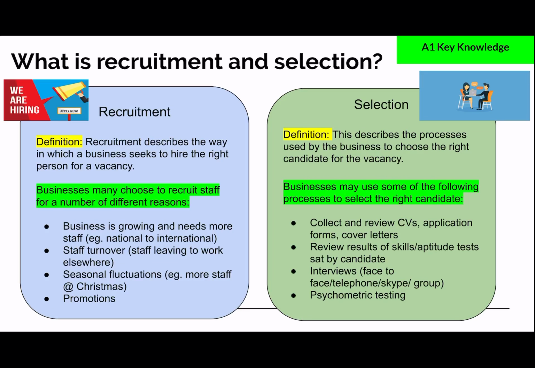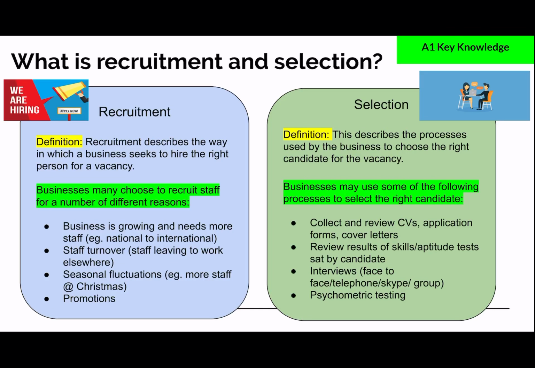It may be that the business goes a little bit further and reviews skills and aptitude tests sat by the candidate. This could be maths tests or language tests, so that the business knows that they are able to complete the role that they're asking them to. It could be that they identify a number of candidates that they want to find out more information about, and they may use interviews.